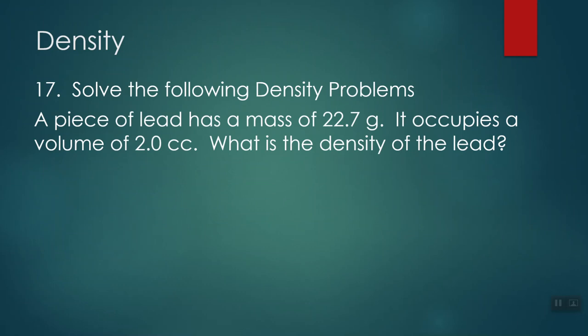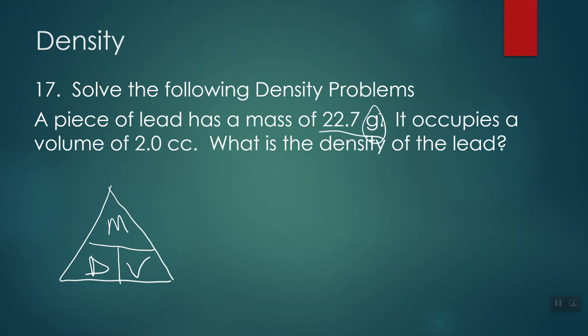A piece of lead has a mass of 22.7 grams. So what I'm going to do is draw my triangle. If I'm given a piece of information, I'm going to circle it on the triangle. So 22.7 grams, grams is mass.